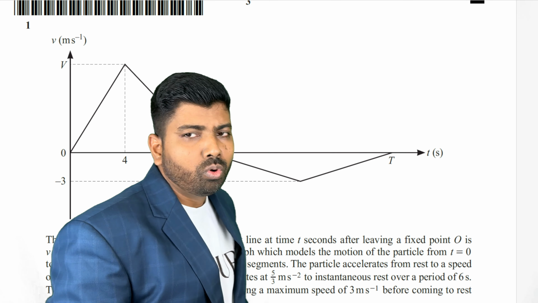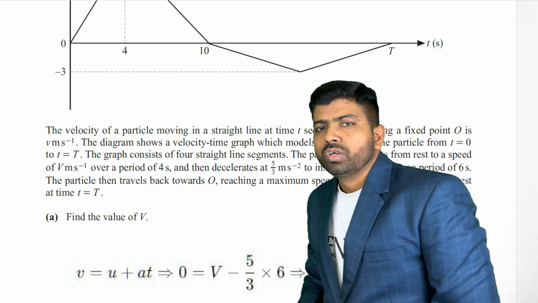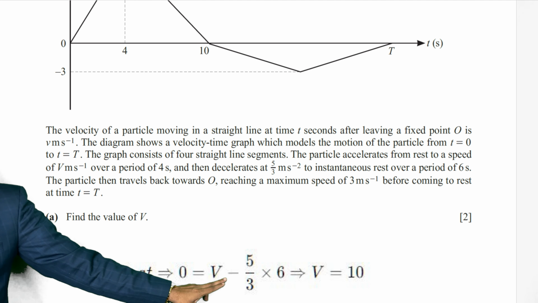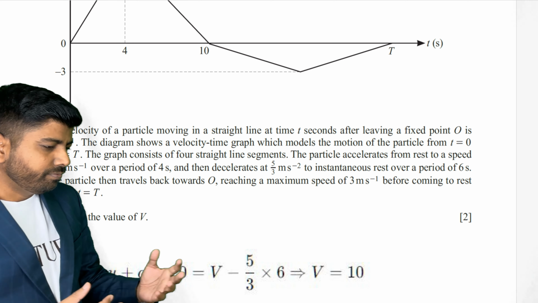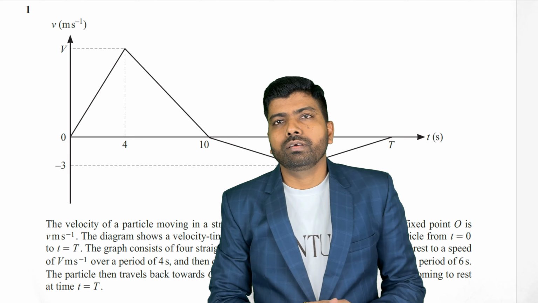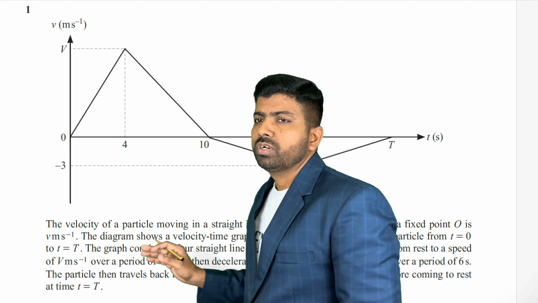If we put all the values here, I have written the solution for you, you can see. So 0 is equal to v minus acceleration into 6, which gives v equal to 10. Therefore we got the velocity in this graph: 10 meters per second. So you will get 1 mark here.